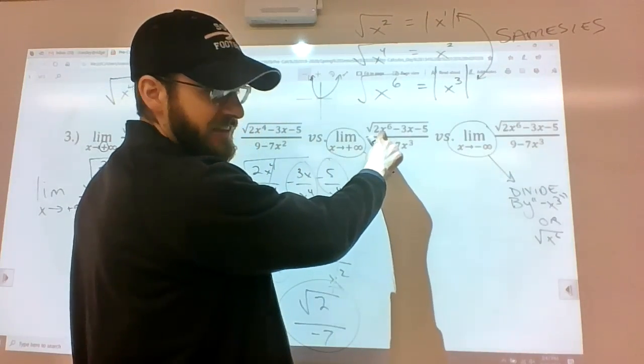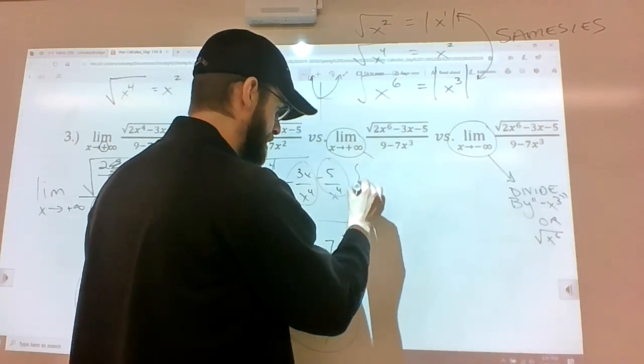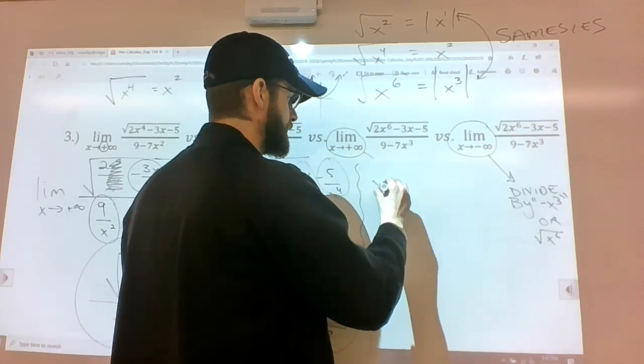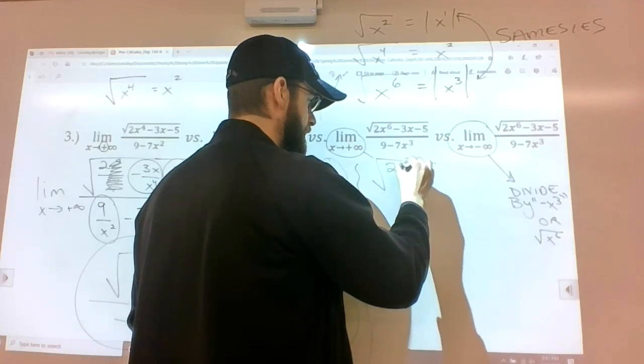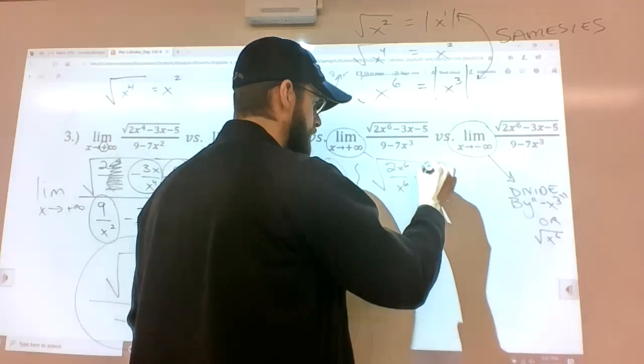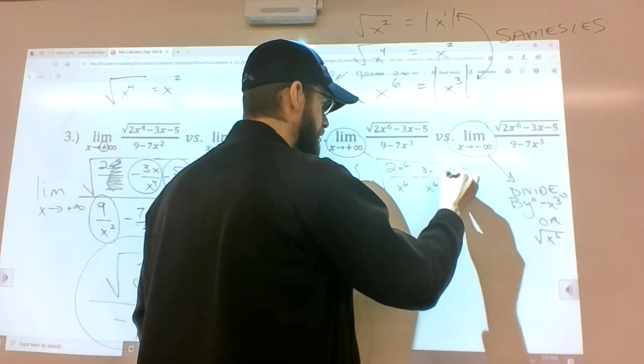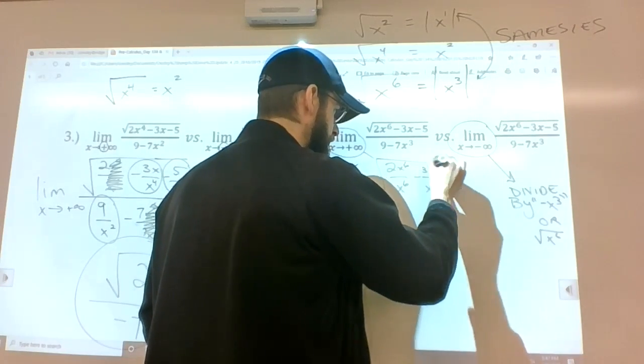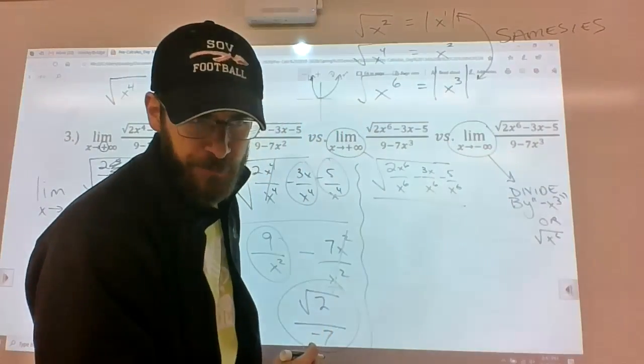So divide by root x to the 6 on top. Divide by x cubed on the bottom.